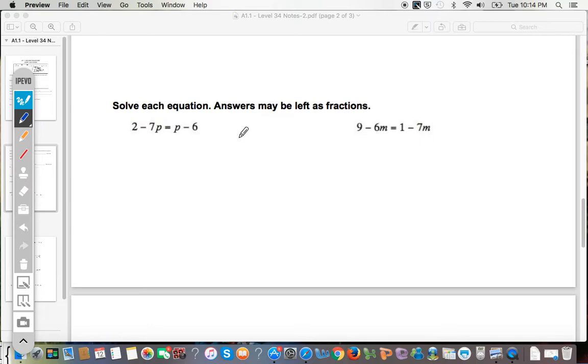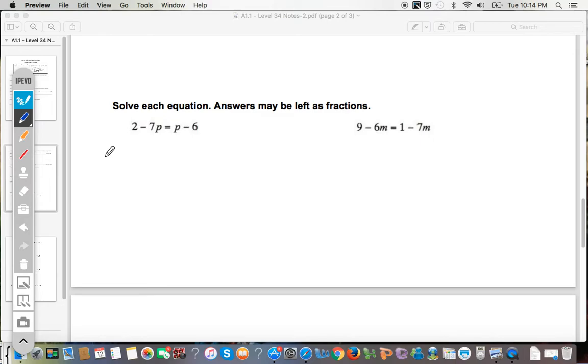We don't need to find mixed numbers or decimals of any kind. Because as it turns out, improper fractions are a lot easier to graph, which we will deal with in standards A2.1 and A2.2.